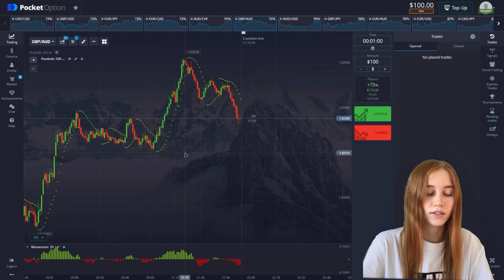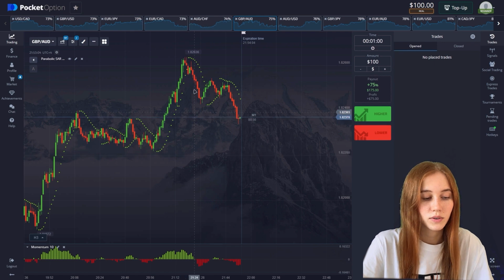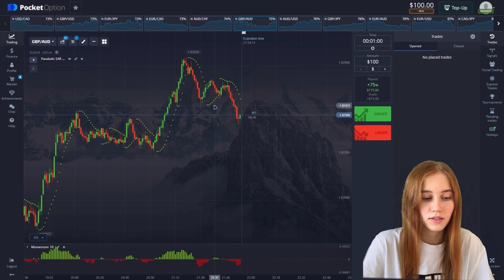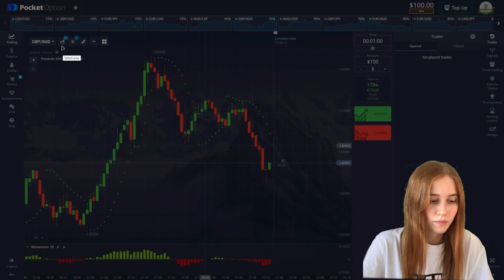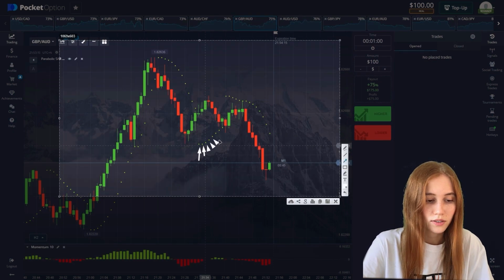At its core, the indicator is similar to a moving average, with the difference that it moves with different acceleration. Let me explain. You see points here. When the chart intersects these points, the trend is changing. Let's zoom. You have 1, 2, 3, 4, 5, 6, 7, 8.